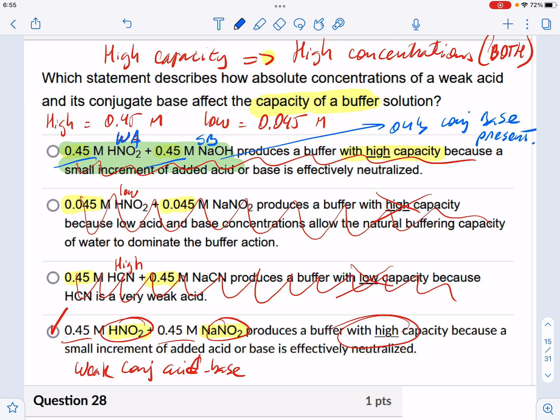Okay? And so you don't have a buffer. You don't have a buffer because you don't have significant concentrations of both. All right? So because you only have the base present, this is not a buffer, actually.